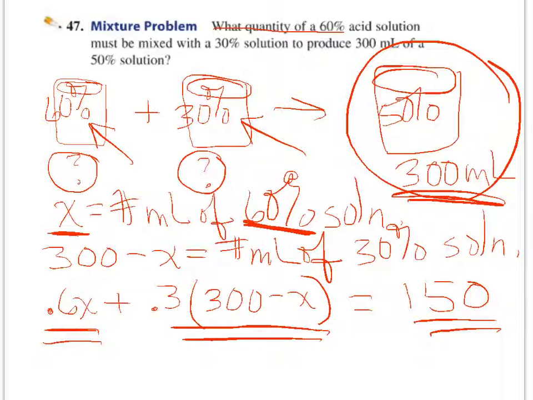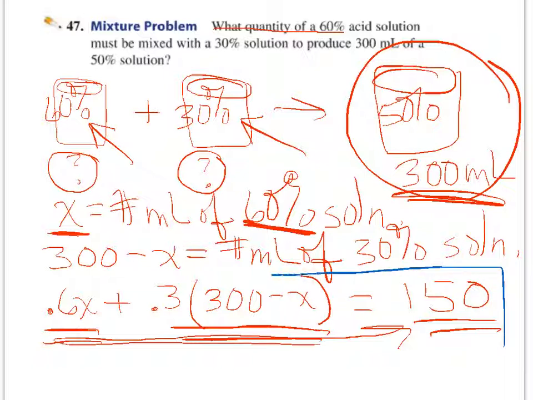So clearly, if I add these two expressions together on the left-hand side, they should add up to 150, assuming I don't spill any acid on the counter. Well, there's your equation. You should be able to solve that equation, and then you should know how much of the 60% solution you need to add.